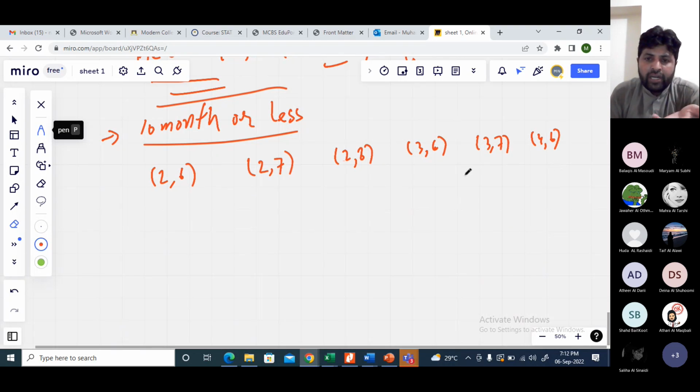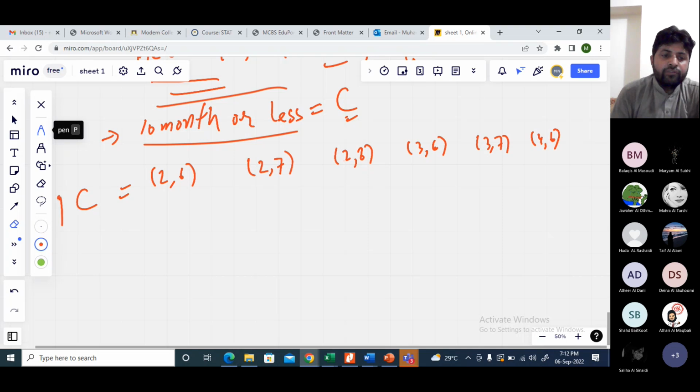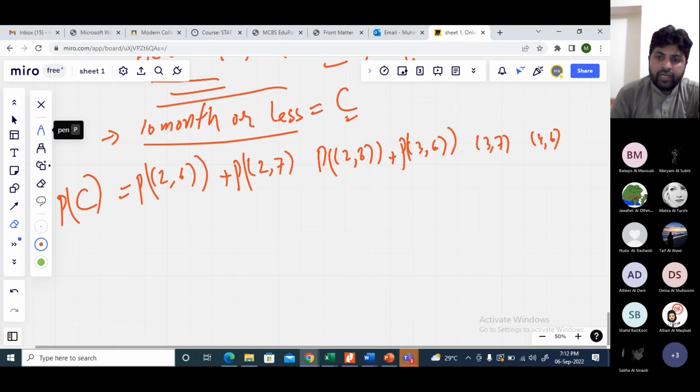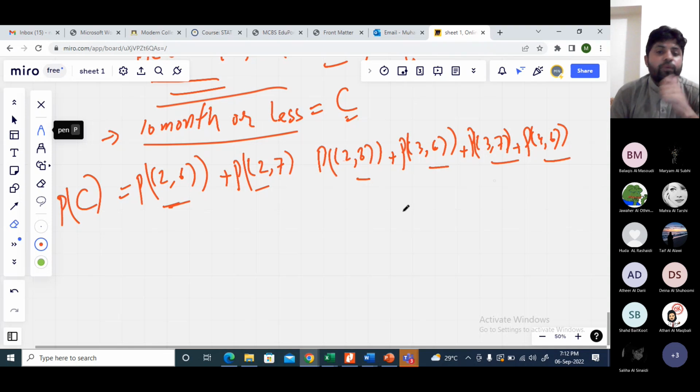If multiple sample points are involved, for example, I am giving this event a name, C. If I am interested in finding the probability of C, it means the probability of this plus the probability of this, plus the probability of this one, and so on. So I add all the probabilities related to these sample points if I'm interested in calculating the probability related to this specific event.